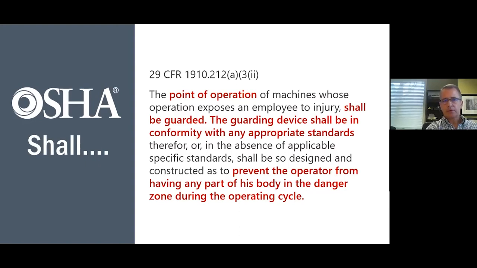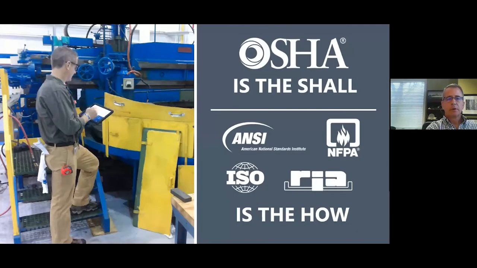And again, the focus here is to prevent the operator from having any part of his body in a danger zone during the operating cycle. So as we said, OSHA is the shall do, and there are a variety of other standards that are the how. Those are the details, and that's where we go to get the fine details of the practicalities of implementing guarding systems.